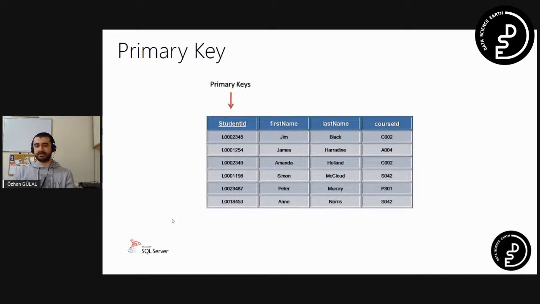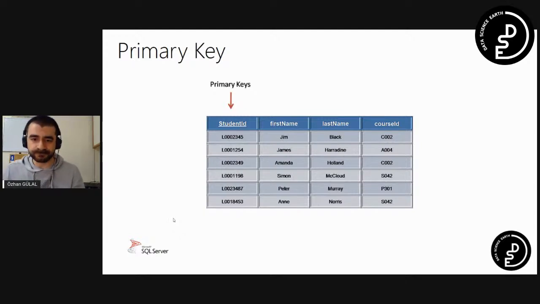And the student ID, I'm saying again, L302345 represents Jim Block student. Why do we need this? Because this primary key is unique. First name maybe redundancy, last name redundancy, course ID of course redundancy, but the IDs must be unique.